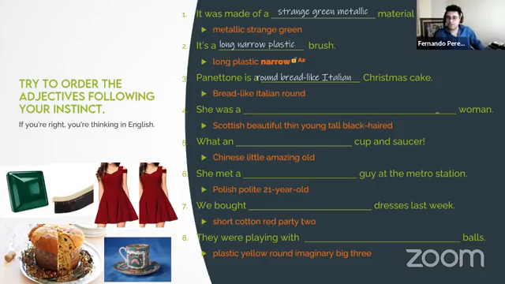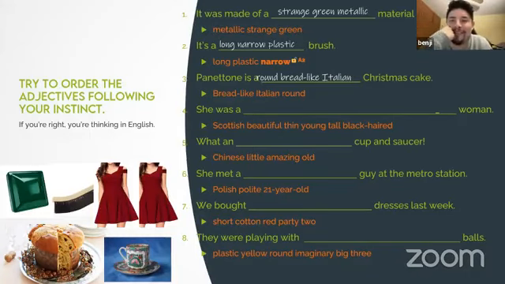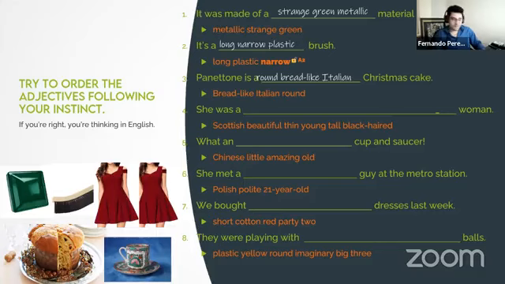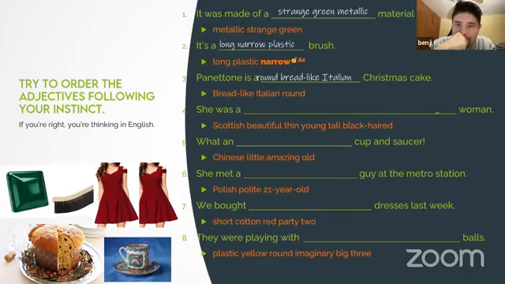Number 4. Let's go to Benji. That's a difficult one, brother. I'm sorry. She had black hair, very thin, beautiful, young, tall, Scottish.